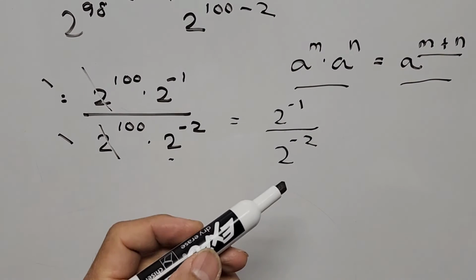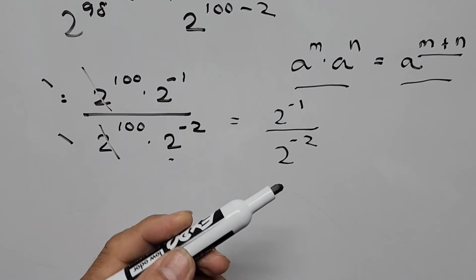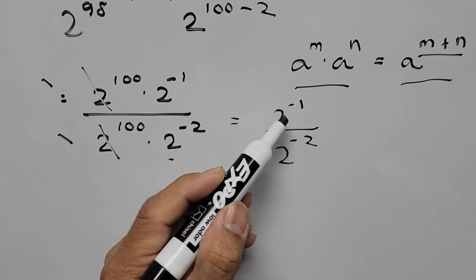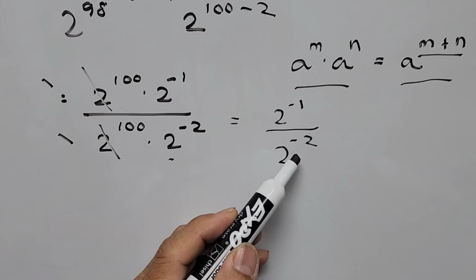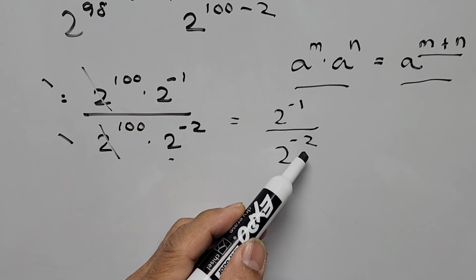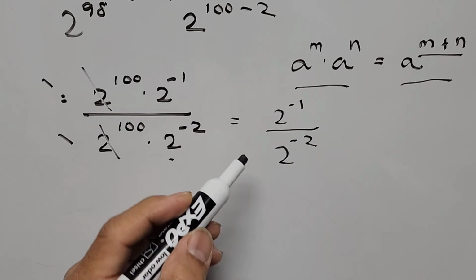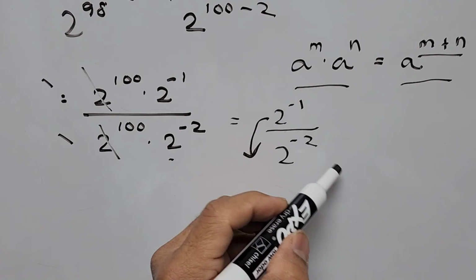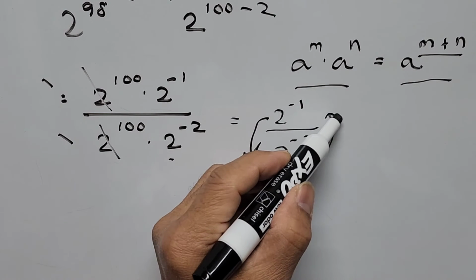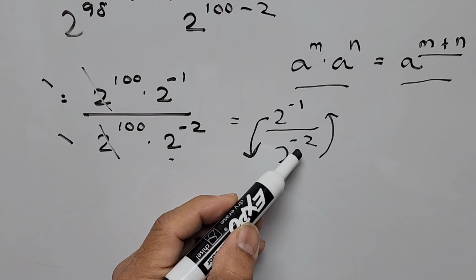And from here, if you notice, the numerator has negative 1 exponent, the denominator has negative 2 exponent. So what we're going to do is put the numerator to the denominator, and the denominator onto the numerator, so we can have a positive exponent.